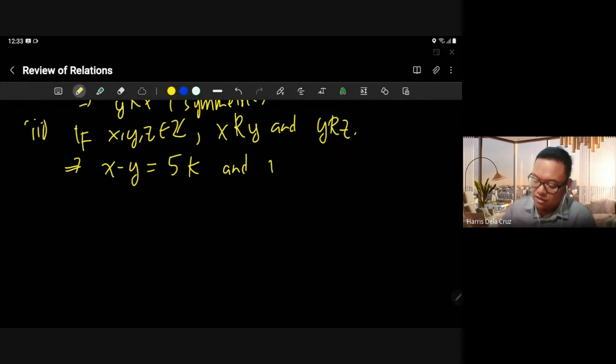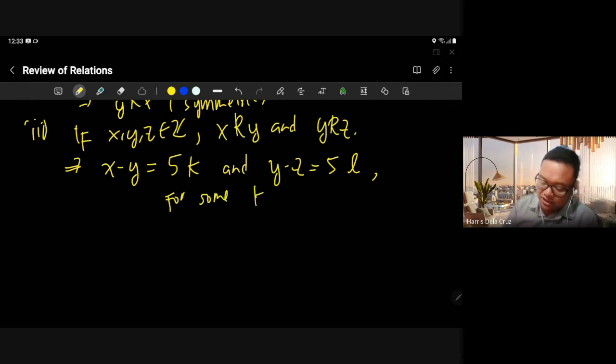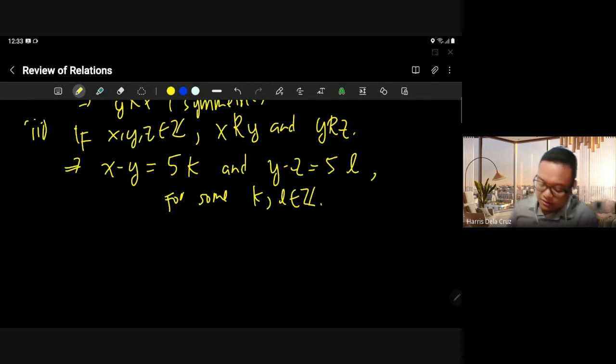So, y minus z equals 5 times something. Again, hindi kailangang unique, not necessarily the same. So, let's use another variable, let's say l. So, for some k and l in the set of integers. Yan. Now, by manipulating these two equations, let's add them.